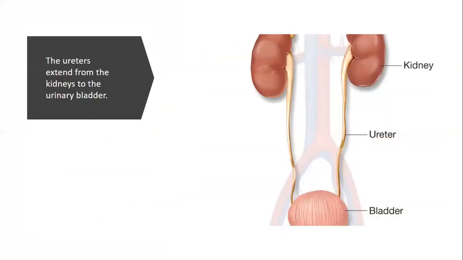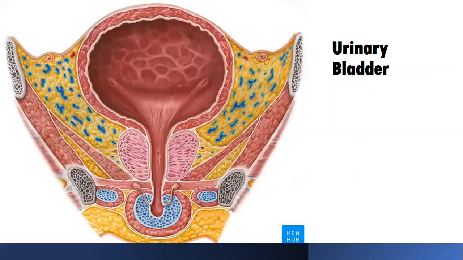The ureter extends from the kidney to the urinary bladder, and here the urinary bladder sections through the trigone, the prostate, and the urethra in the deep pelvis. We see the trigone, which is the space between the 2 ureters and the bladder neck.